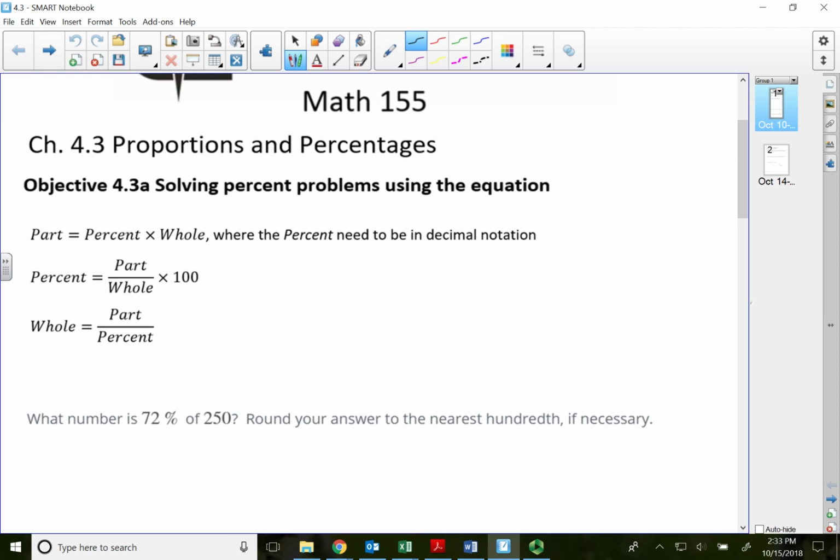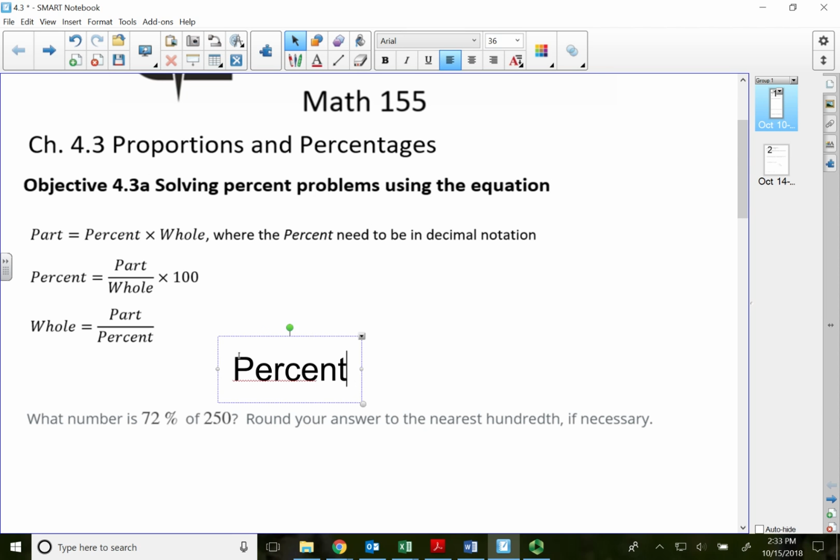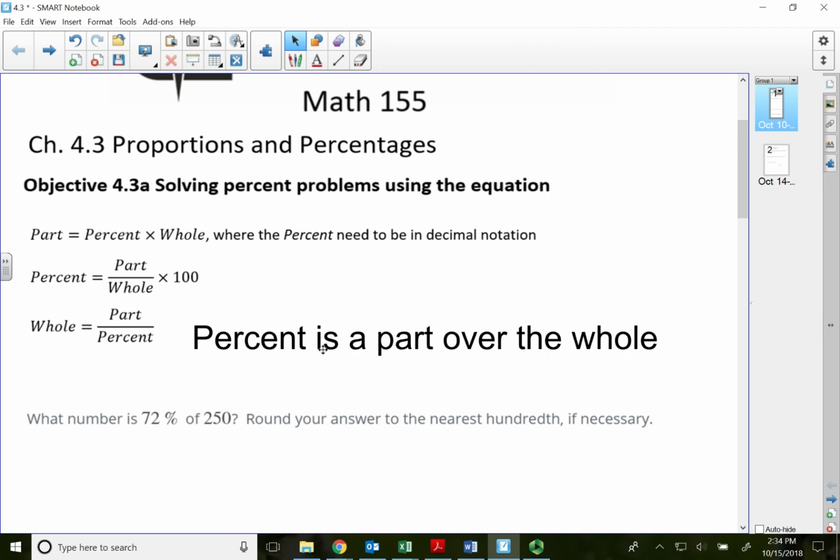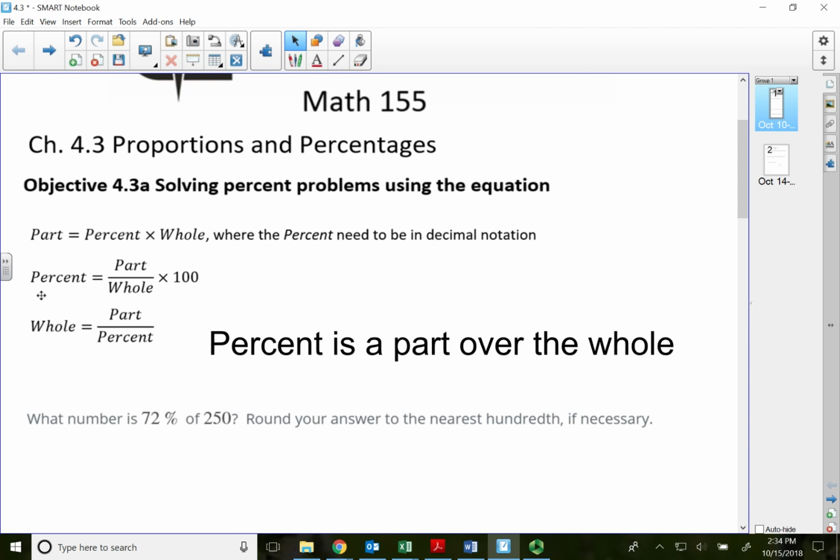So let's take a look. This is a very important concept. Percent is equal to part over the whole.